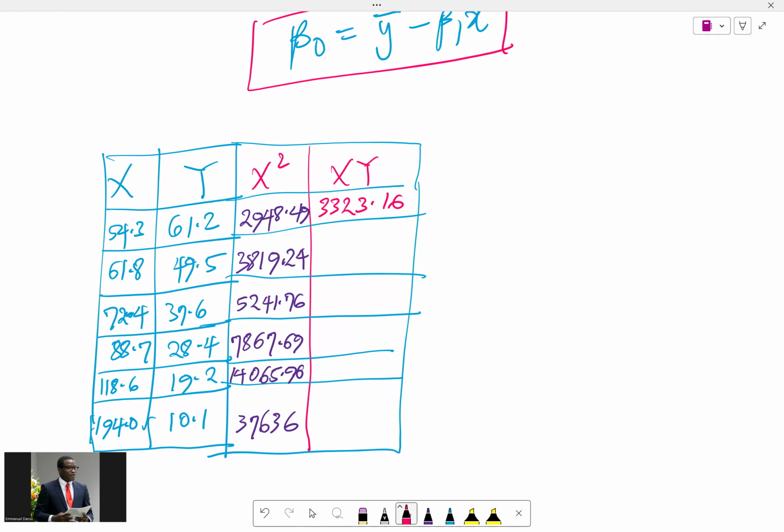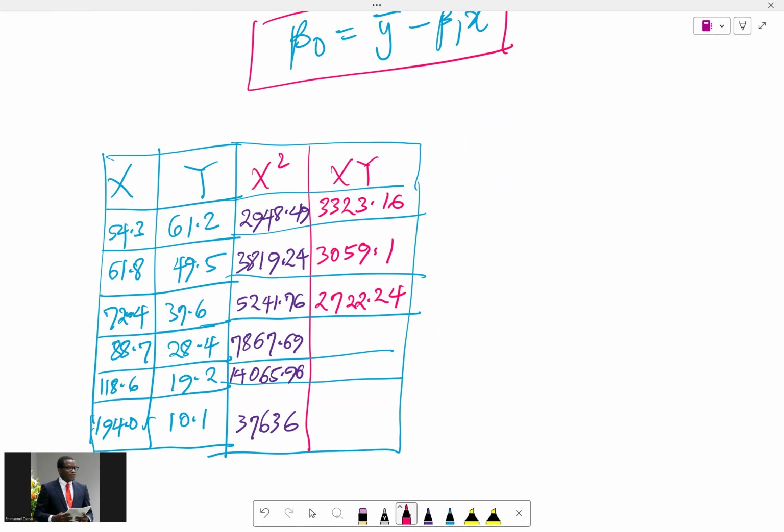That is 3059.1. Then we have 72.4 times 37.6. That is 2722.24.